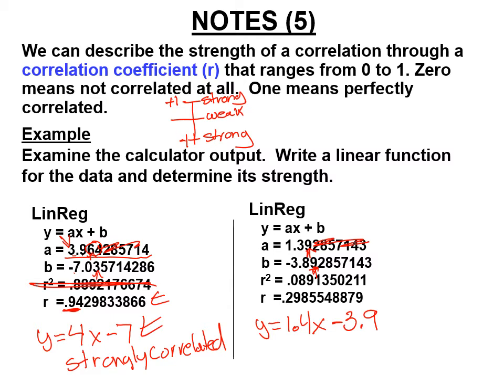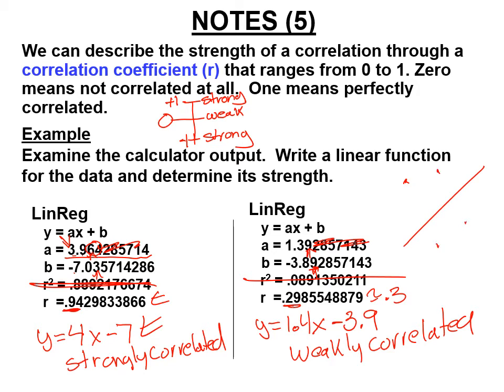All right, so now we cross out r squared. Now let's look at r. R is 0.29, which rounds to about 0.3. So is that closer to 1 or closer to 0? It is closer to 0. So we would say this is weakly correlated. That means that although we got an equation, these dots are not all that close to the line.